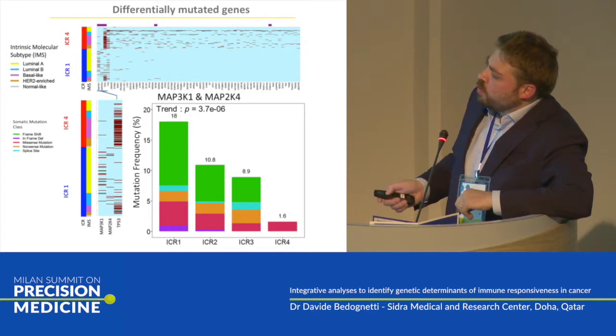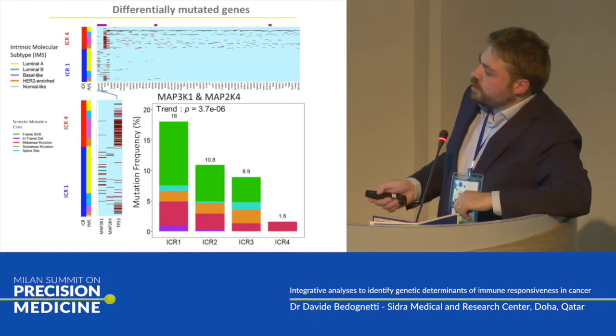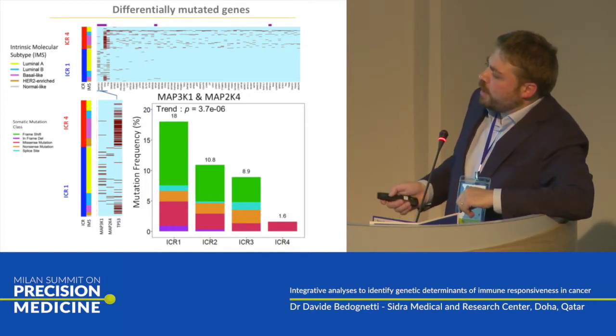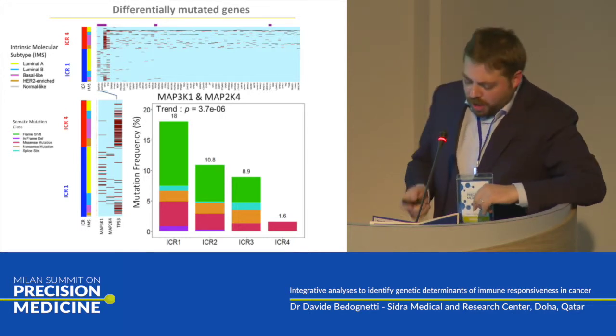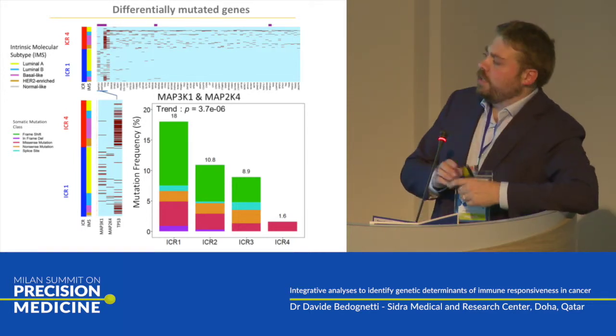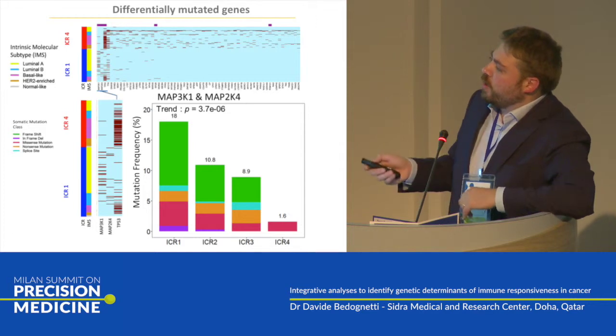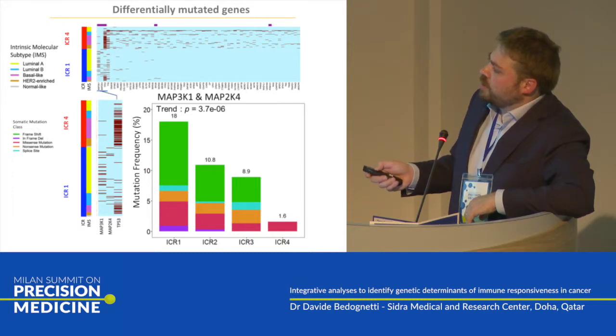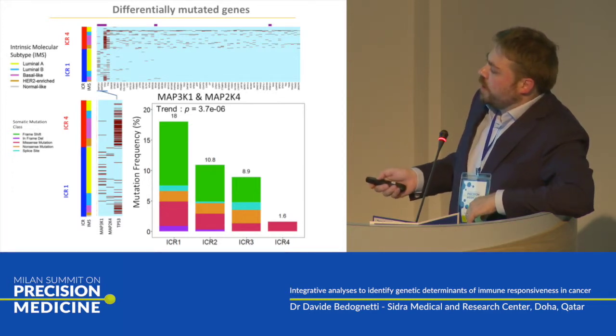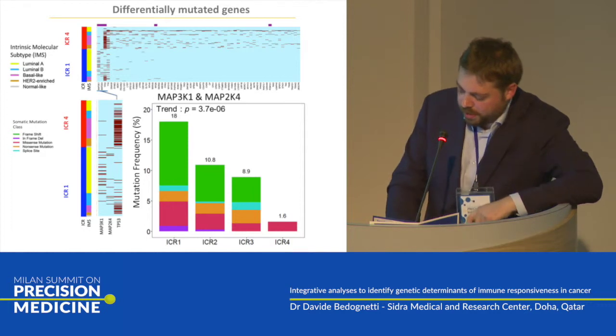What was interesting were two genes, MAP3K1 and MAP2K4. They were almost exclusively mutated in the poor immunophenotype. In fact, this gene had a presence of almost 20% in the ICR1 and was almost absent in the ICR4.